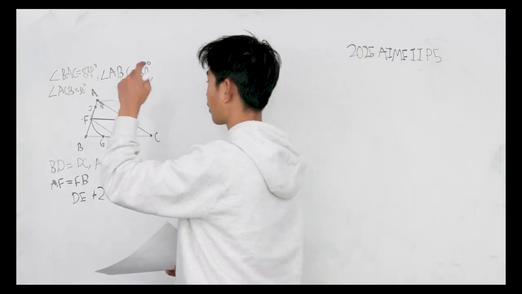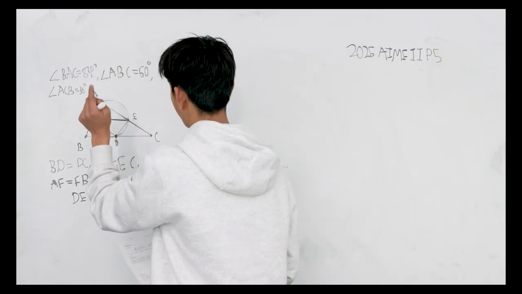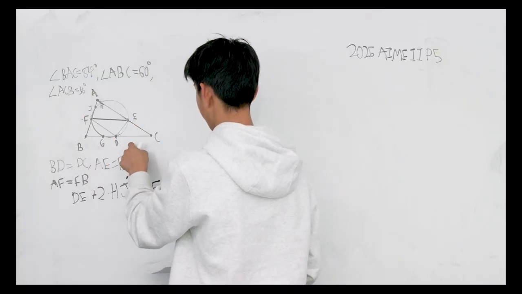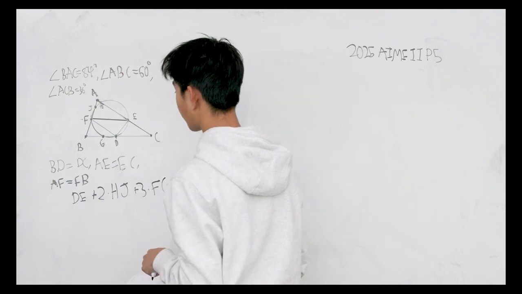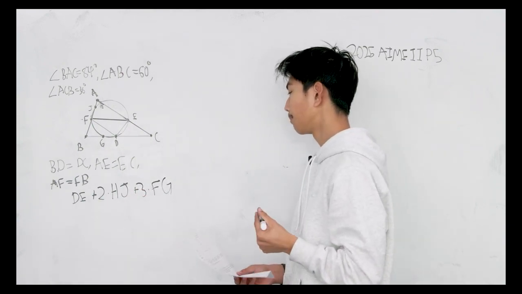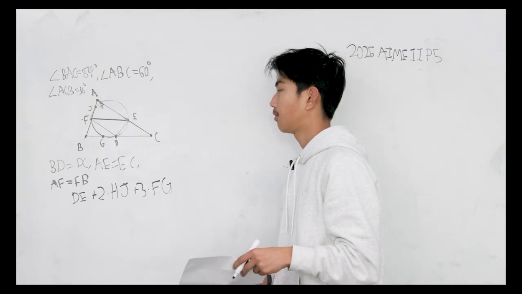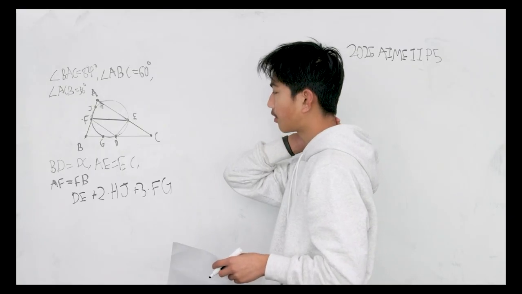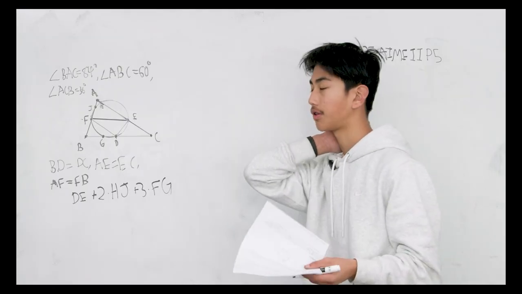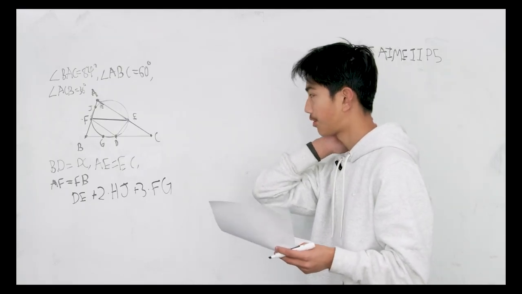So we have triangle AFE similar to triangle FBD, which is similar to triangle EDC, which is similar to the big triangle, triangle ABC. Since these are all similar triangles, they should have identical angle measures.